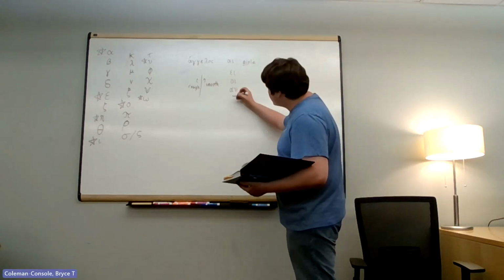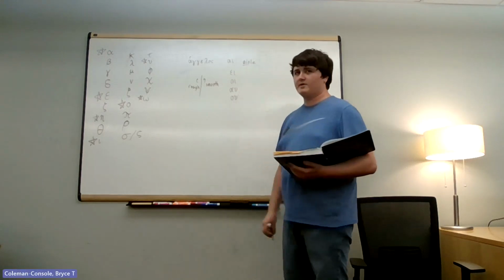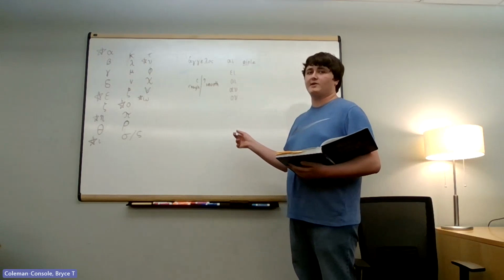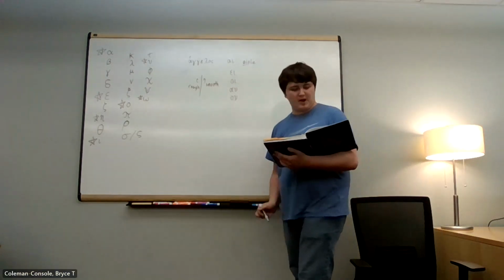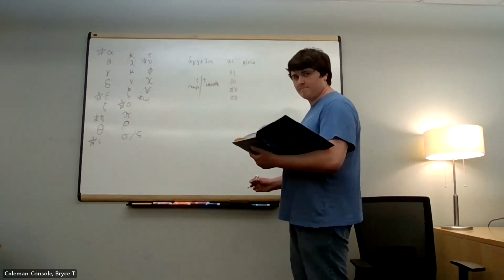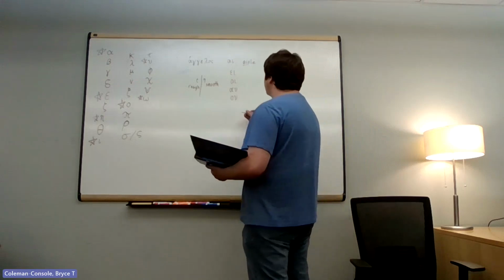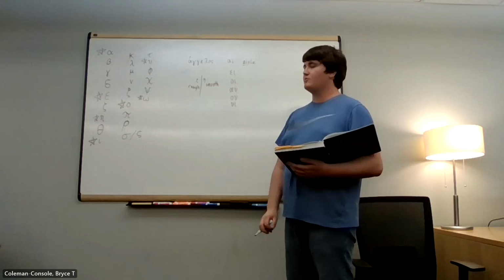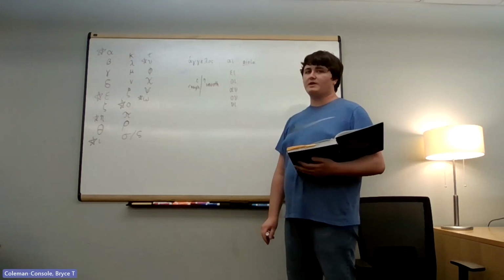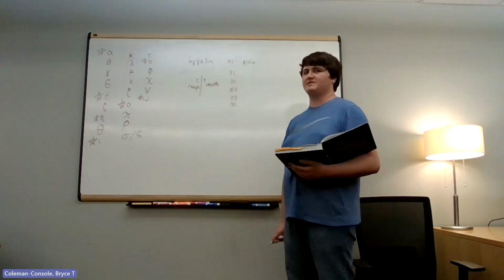Okay, then we have omicron upsilon, which makes ooh like in soup. Not bad, right? You good so far? Feel like nothing too bad? Upsilon iota makes we like in sweet.